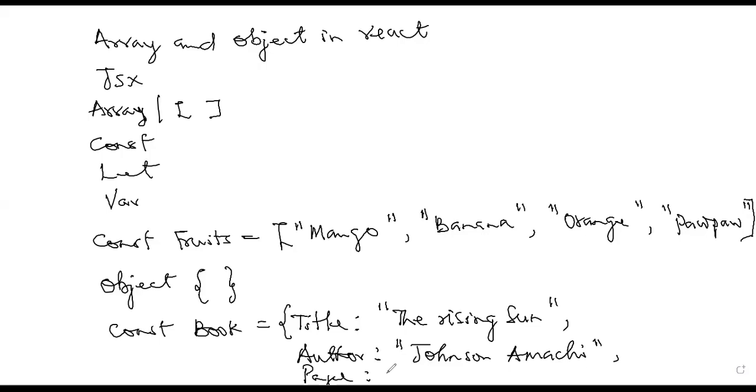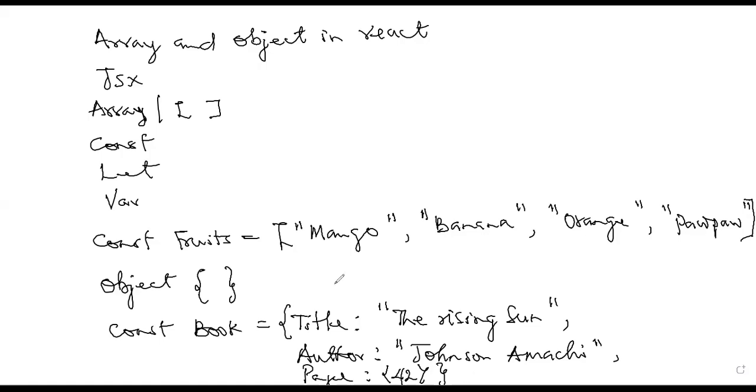Numbers and Boolean data types are placed inside curly brackets. So let's say 42. Then let's close the object. So this is how an object is expressed in React.